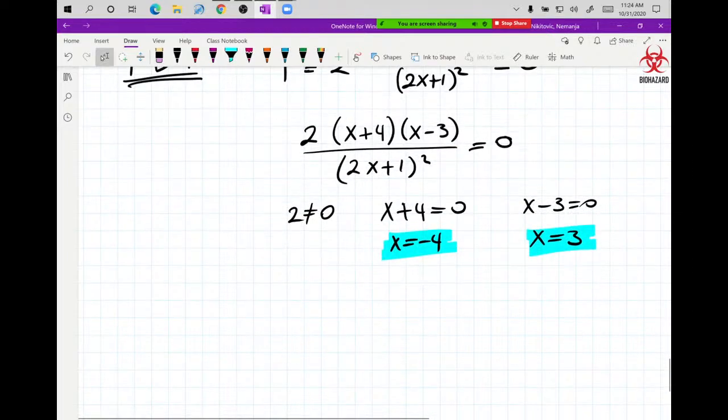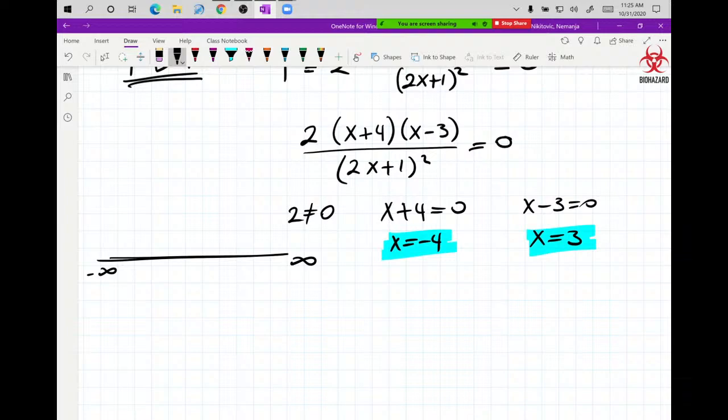So now partition, and here is our vertical asymptote finally, making the appearance. Negative 4, negative 1/2, and 3. So these are our partitions, and we pick 4 test points: negative 5, negative 1, 0, and 4.